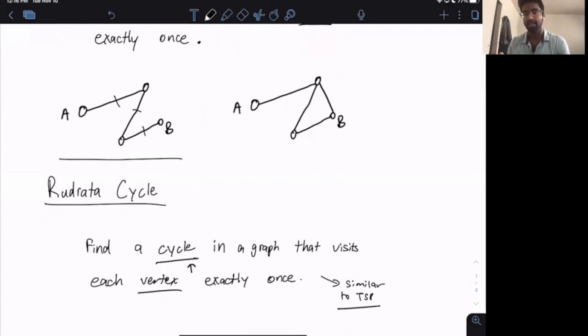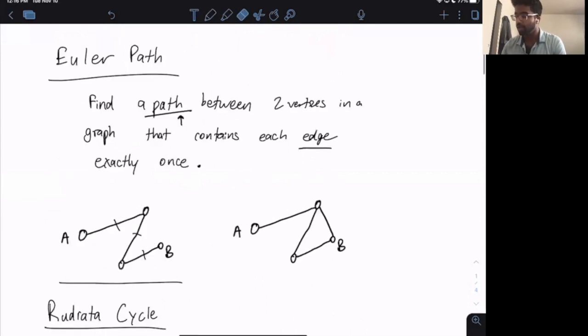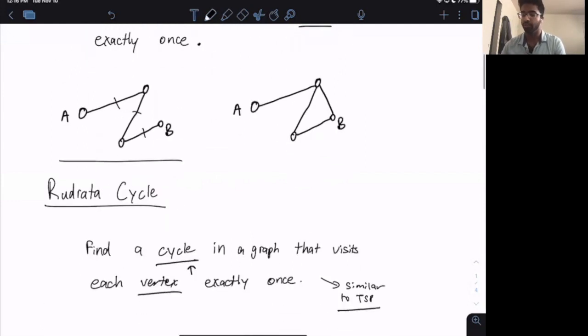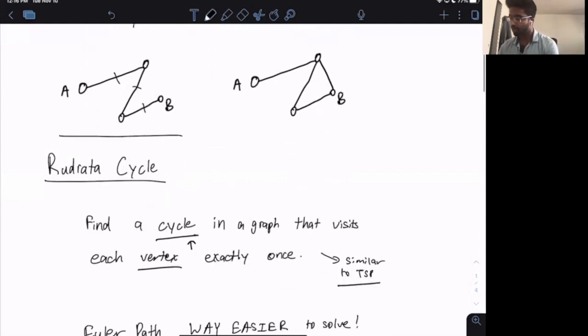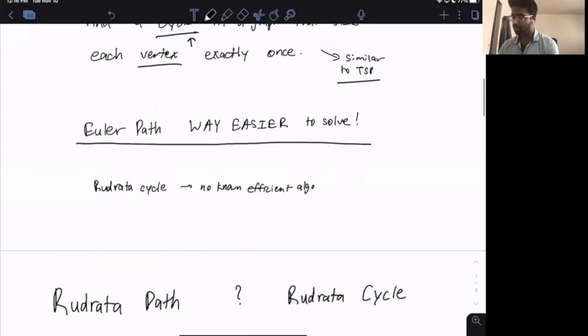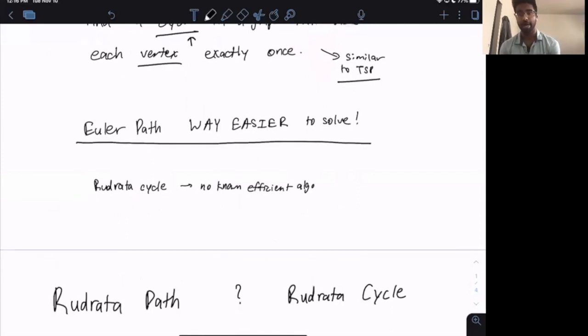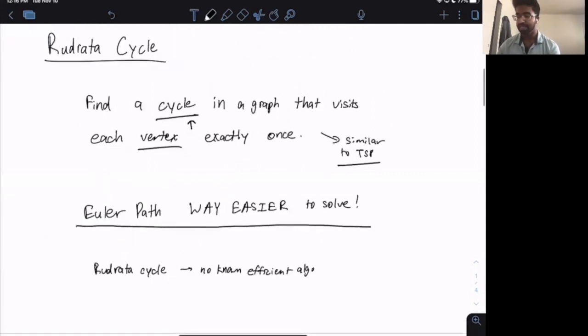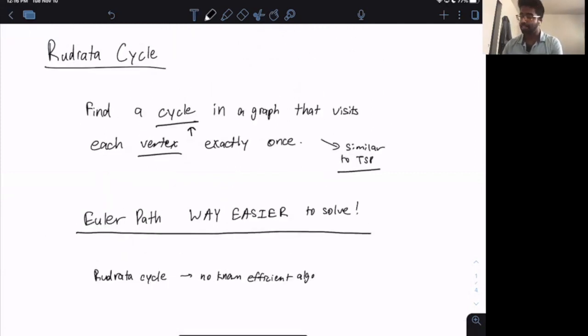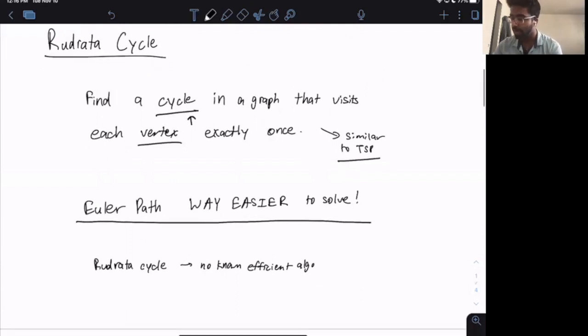The main additional complexity comes about due to caring about edges versus caring about vertices. That's why let's compare these two problems, the Hamiltonian path and the Hamiltonian cycle. The definition of the Hamiltonian path problem is the exact same as the Hamiltonian cycle, except replace cycle with path.